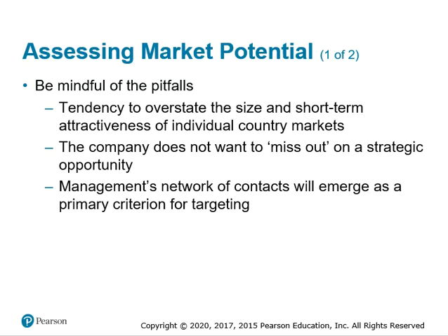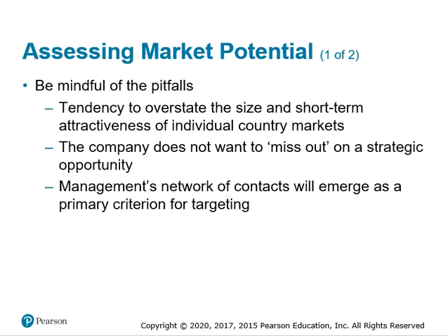What about market potential? How do you address market potential while avoiding the pitfalls? If you segment the market in some of the ways that were just discussed, you next have to determine the attractiveness of the identified segments, and then you look at the pitfalls. It's very easy to see the positive attractiveness of individual country markets based on demographic data, and not having enough psychographic data, for example.